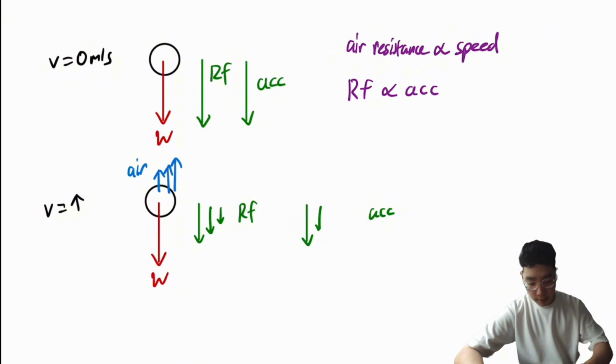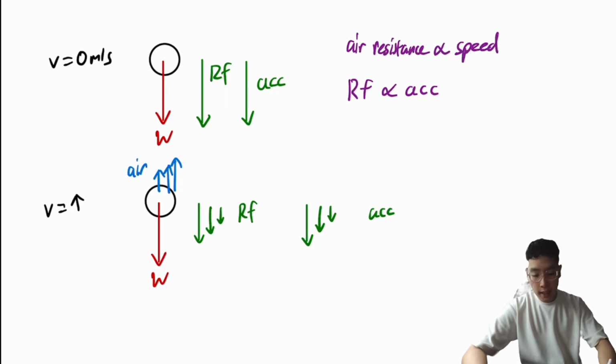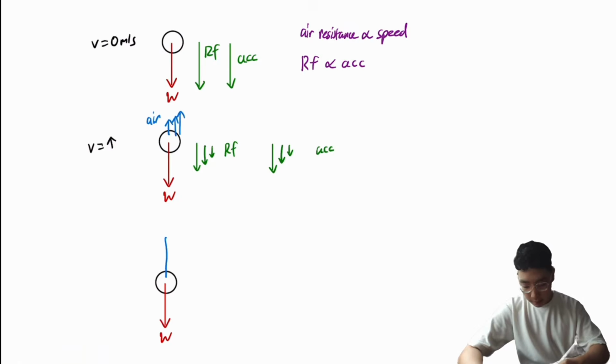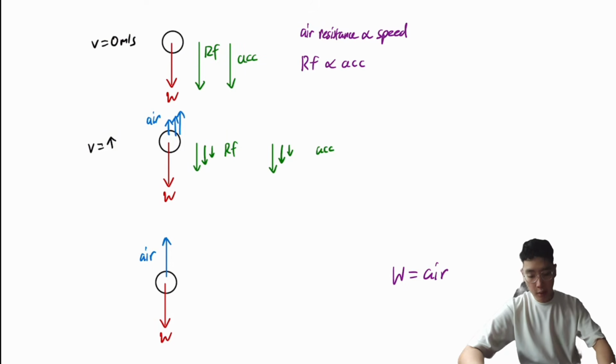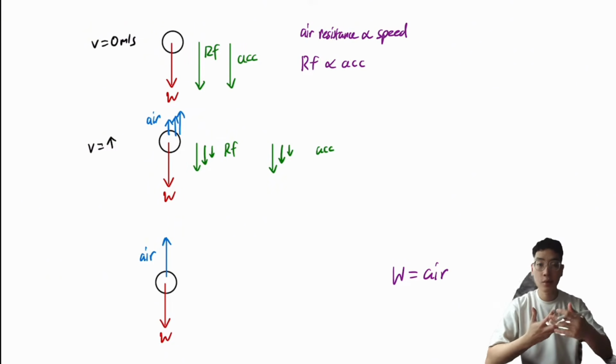Our acceleration is going to become smaller and smaller until eventually the weight is equal to the air resistance. Here, the weight equals the air resistance, and the resultant force is 0. They cancel each other out.